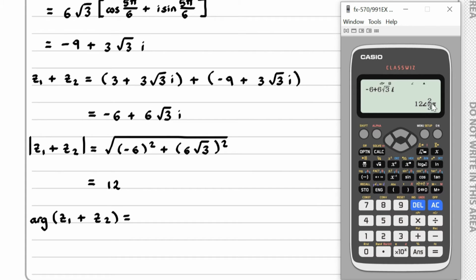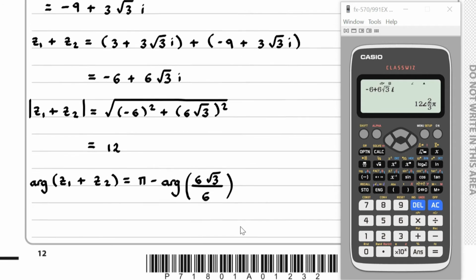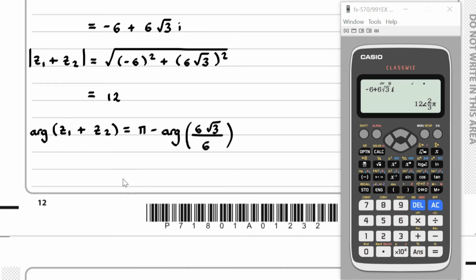And to find this argument of 2 pi over 3, we can do pi subtract the argument of 6 root 3 over 6, which is 2 pi over 3.